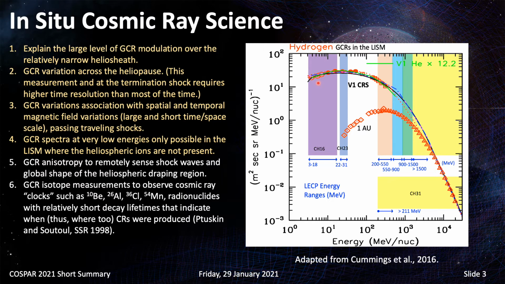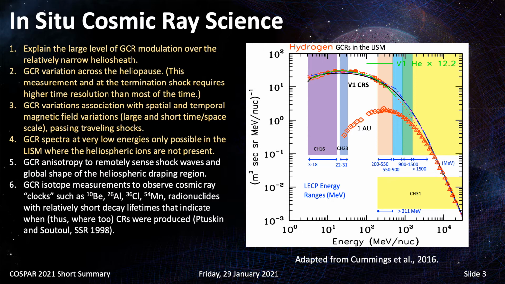And we should be able to, with the new instrumentation on an interstellar probe kind of mission, go down to much lower energies than this, with higher quality measurements down to dozens of keV or so.